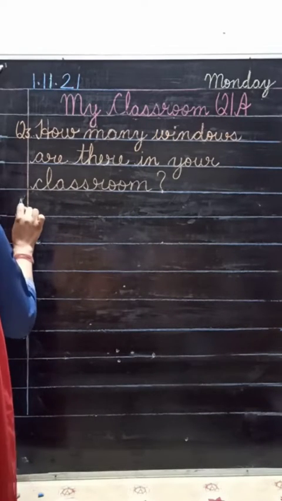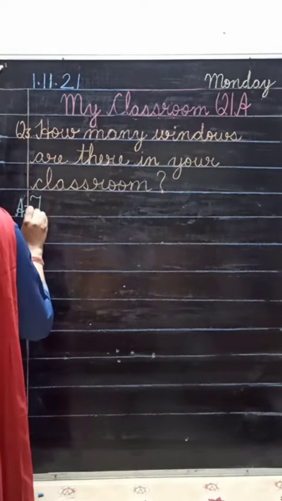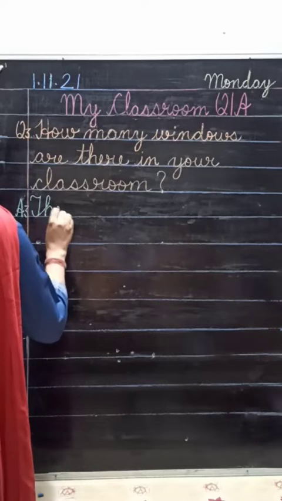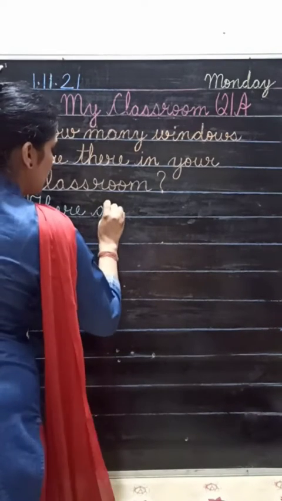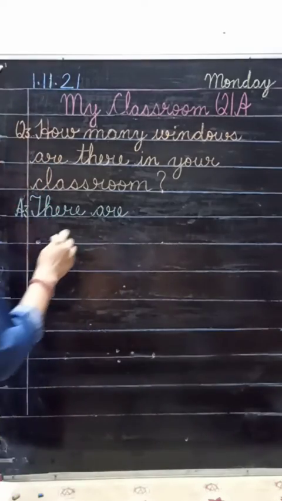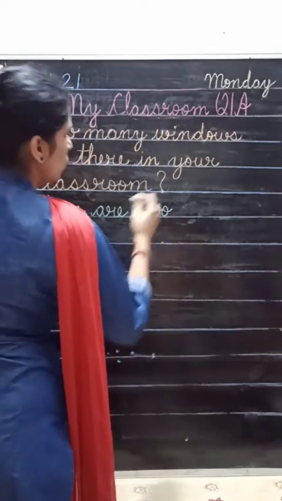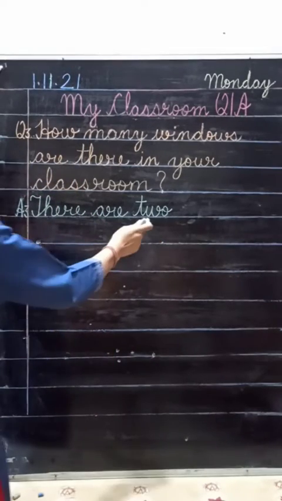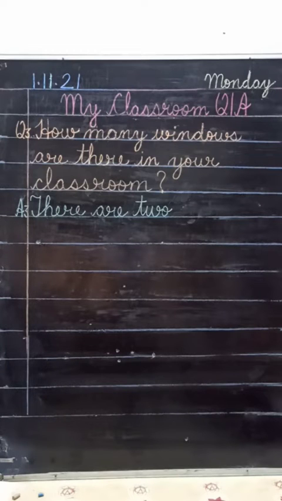Write down here answer number 3. Write down there, T-H-E-R-E, there, A-R-E, are, 2, T-W-O, 2. Here again you are to write down the spellings of 2.